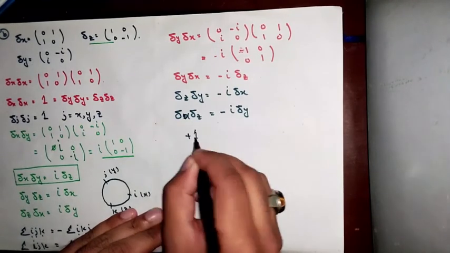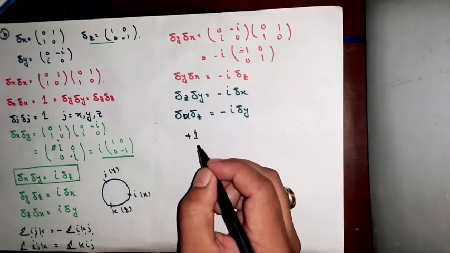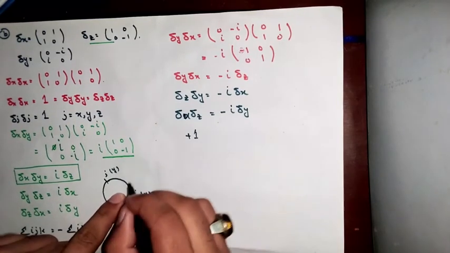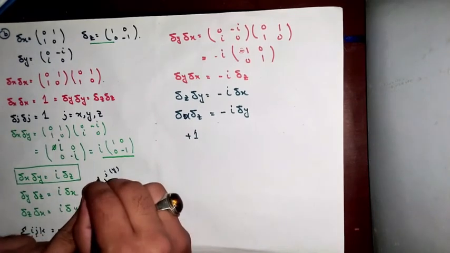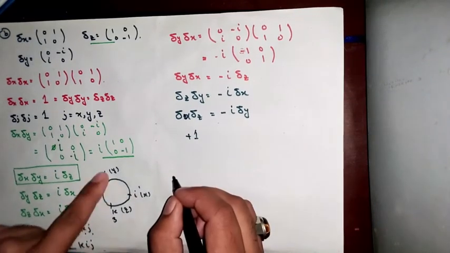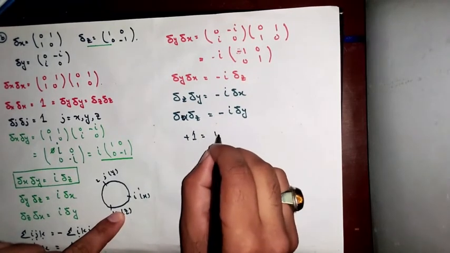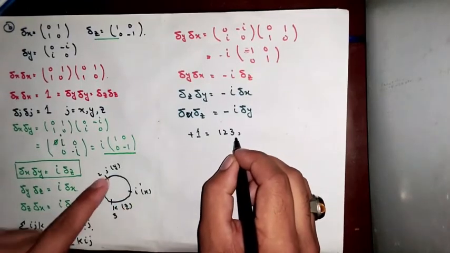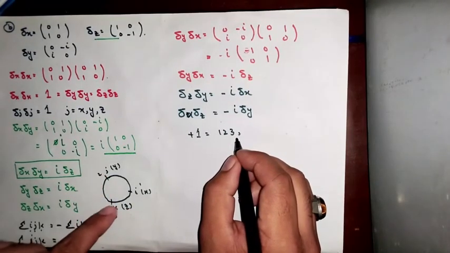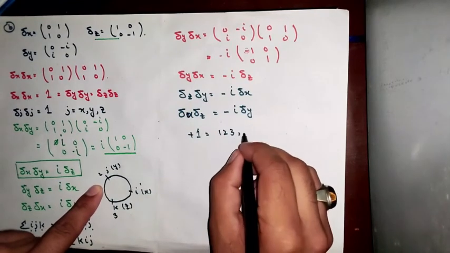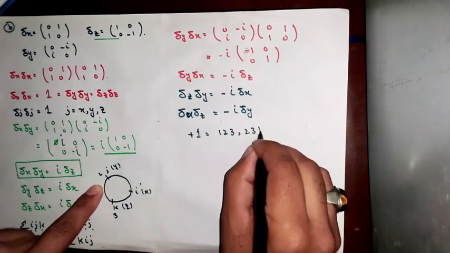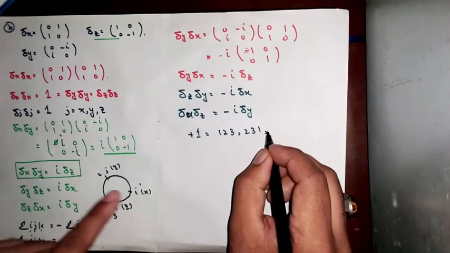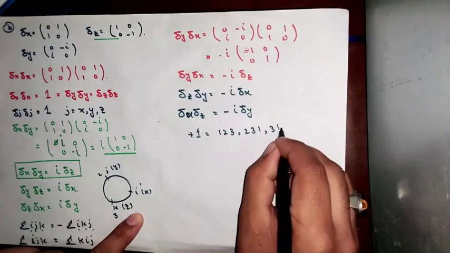If this is 1, 2, 3, then i, j, k is 1, 2 and 3, similarly j, k and i is 2, 3 and 1, and k, i, j is 3, 1 and 2.